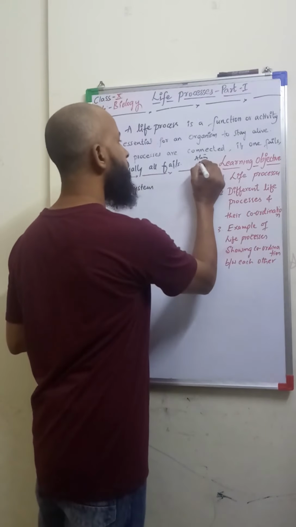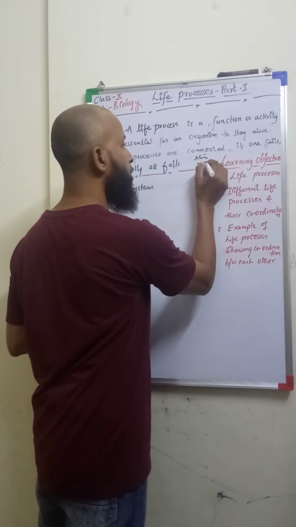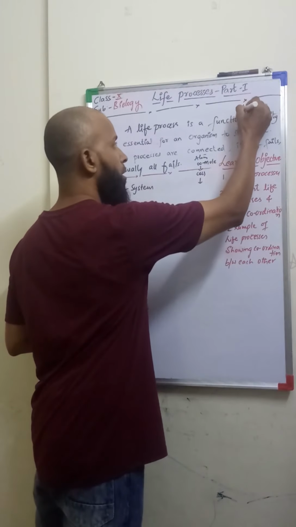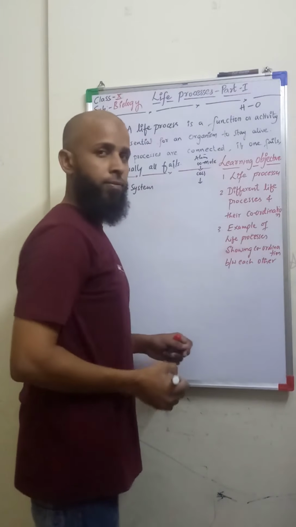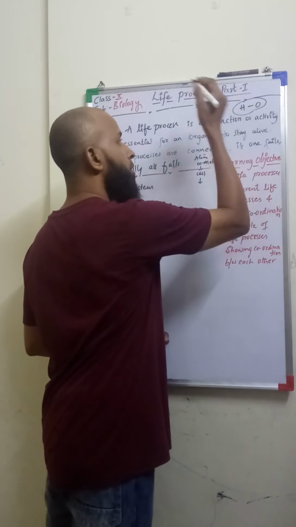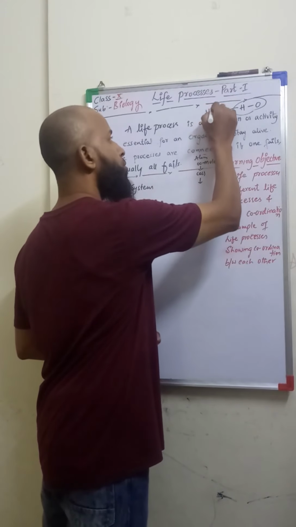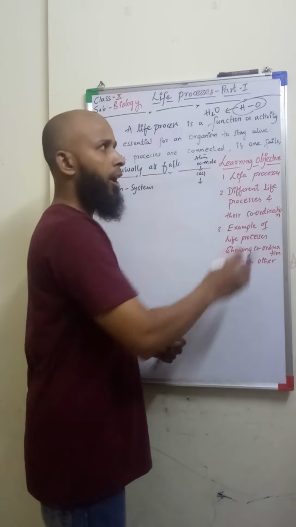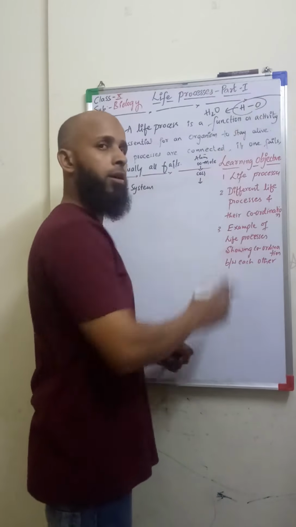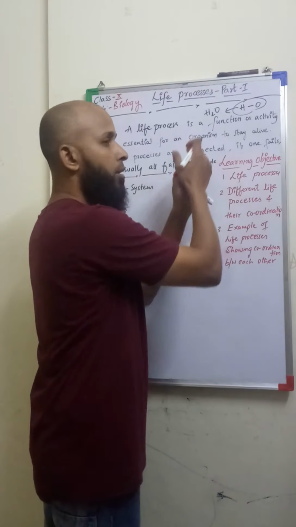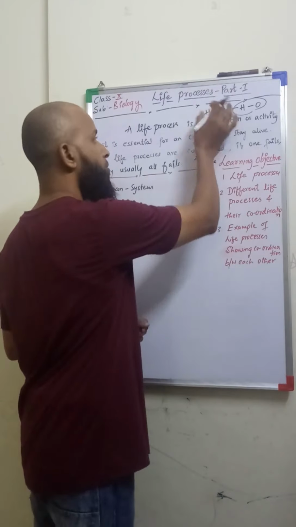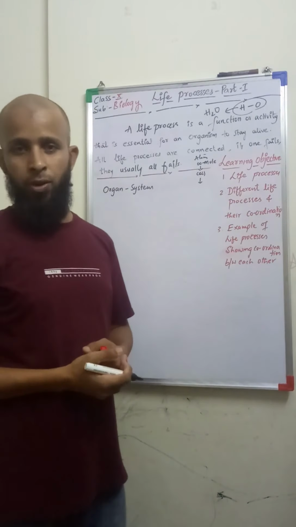These atoms join to form molecules. For example, hydrogen and oxygen fuse to form a water molecule. Individually, hydrogen is an atom and oxygen is an atom. When they bind with each other, that forms a water molecule, right?